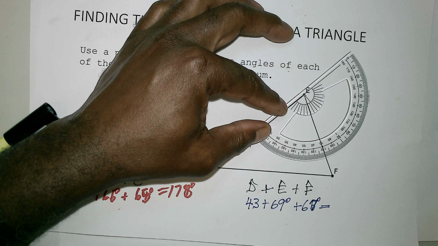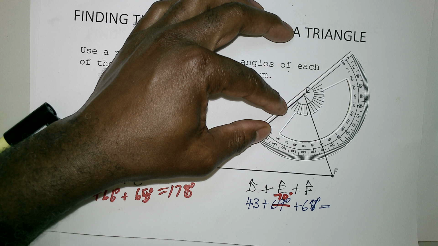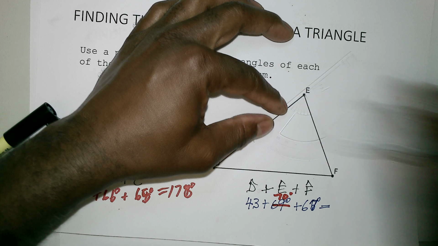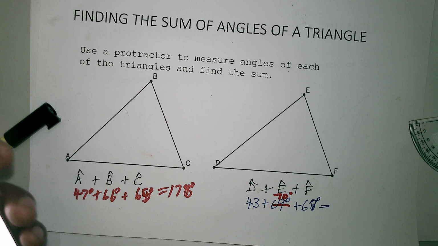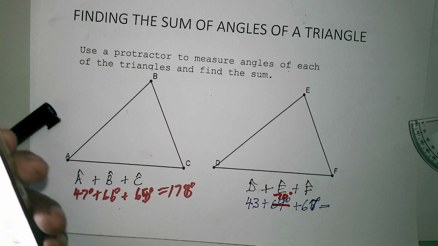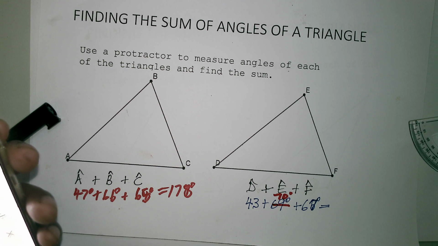Now 43 plus 70 plus 67 gives us 180 degrees.